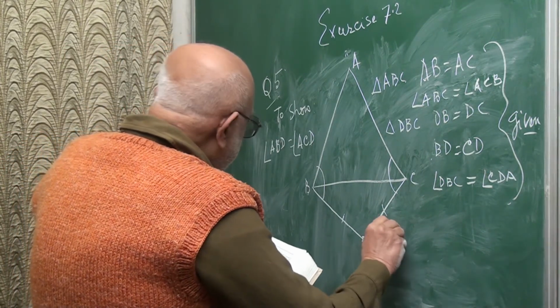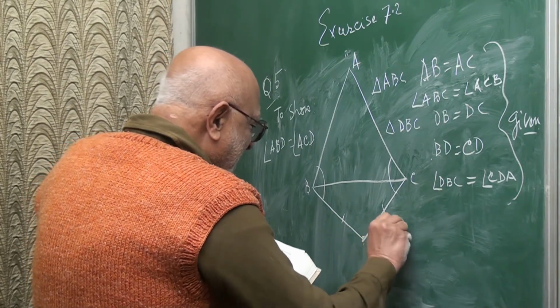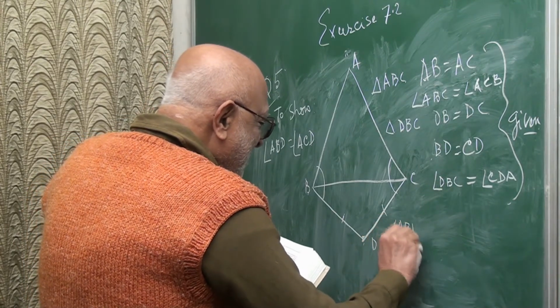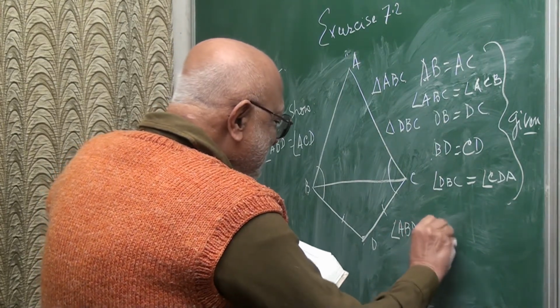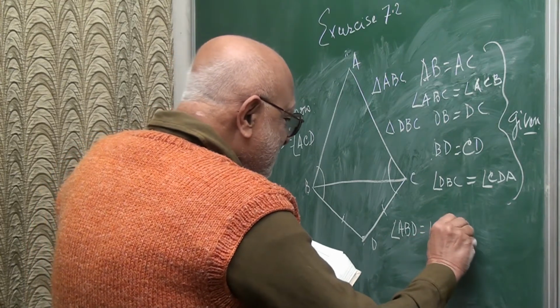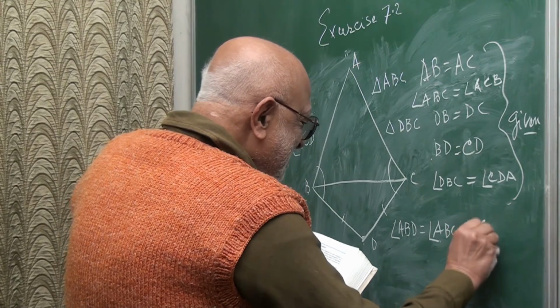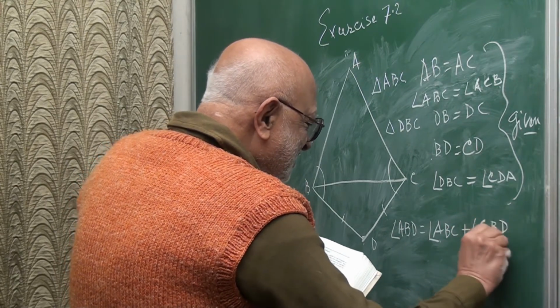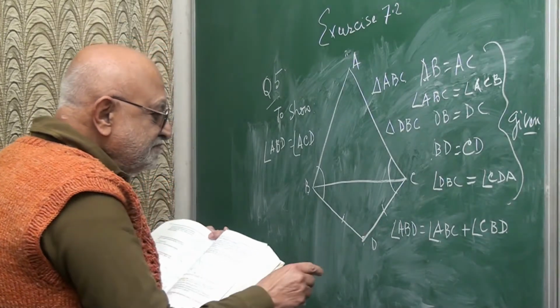Angle ABD is equal to angle ABC plus angle CBD. Okay, right?